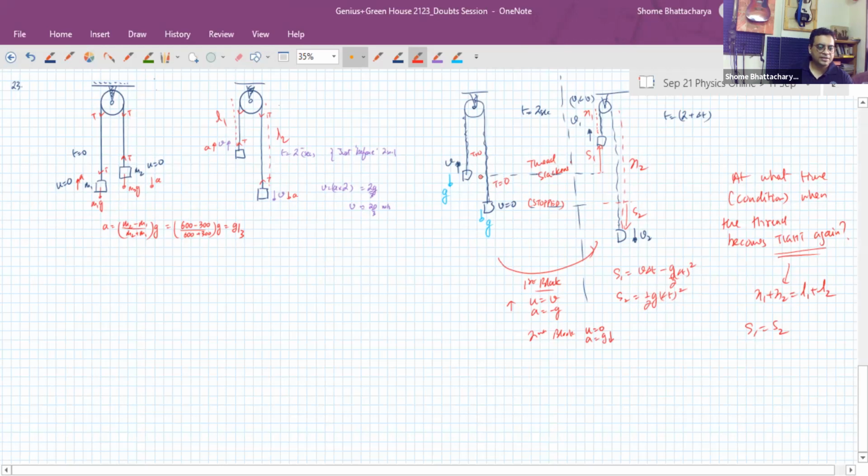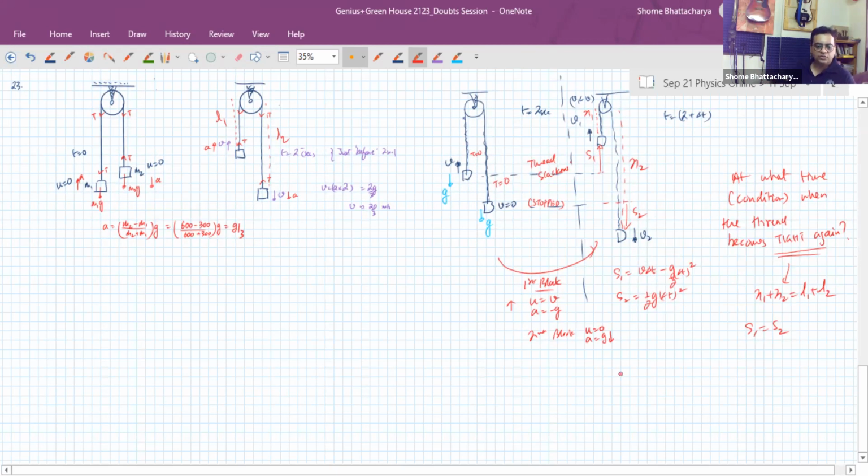But by the time this block M1 has gone up the same distance, on the other side M2 has come down, and the string will pick up its tightness again because the length has stretched out. You understanding? When the second block has gone down by the same distance that the first block has come up, that's when the string is stretched out to the full length.